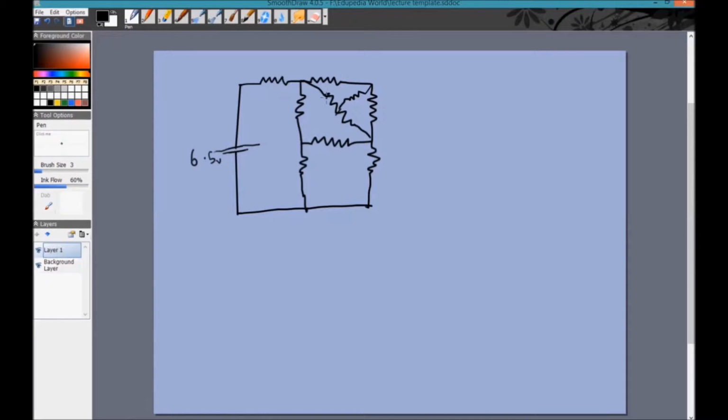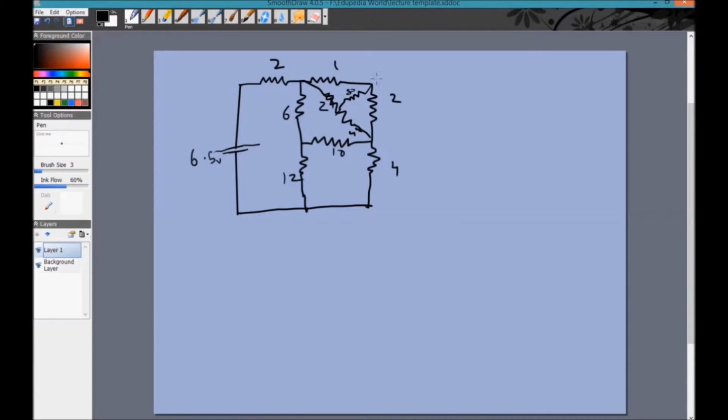Sorry, there are two resistances here. Right, you get the point. This is 2 ohms, this is 1, 2, 4, 8, 6, 10, 12 and 4. And we want to find the current through the resistor of resistance 2 ohm.